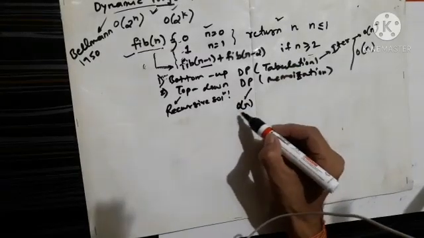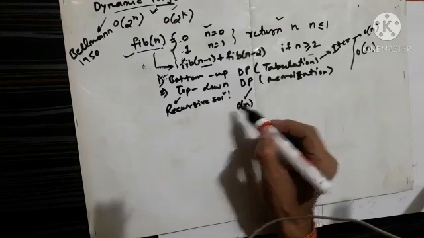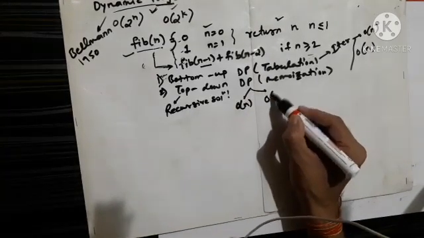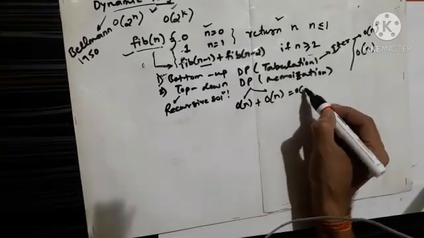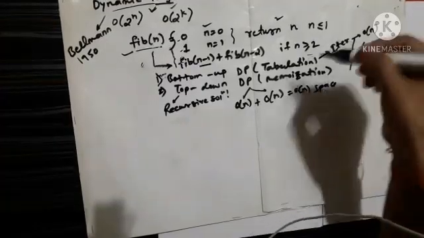For the array the space complexity is big O of n, and this is a recursive function, so definitely it will have a stack of big O of n. So overall, if you add these two, you get big O of n space complexity, and the time complexity remains big O of n for both solutions.